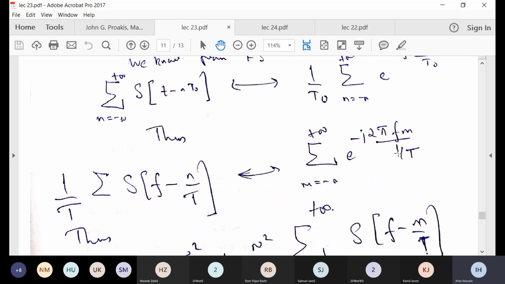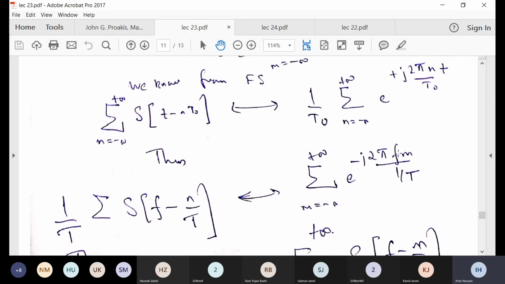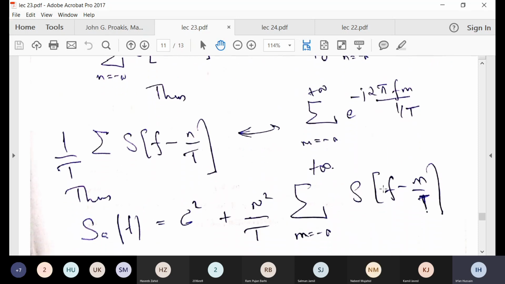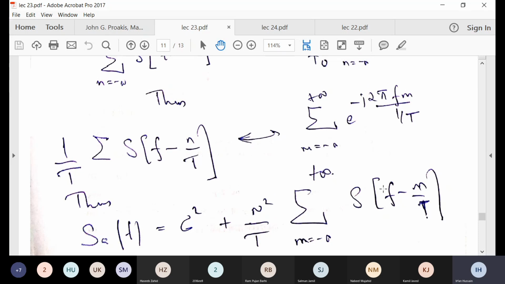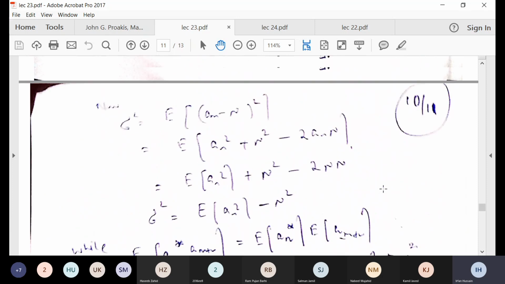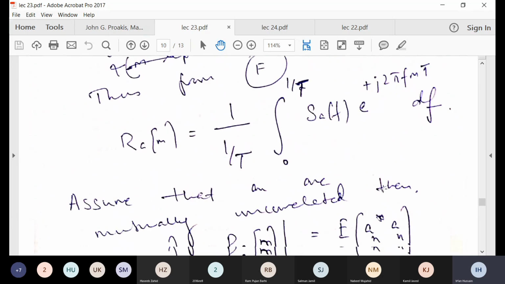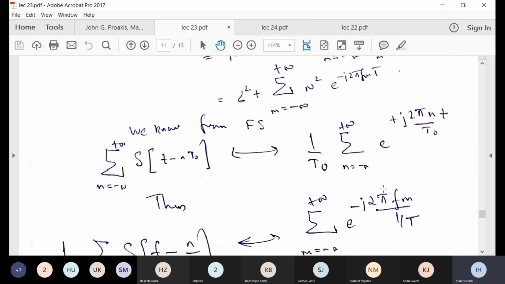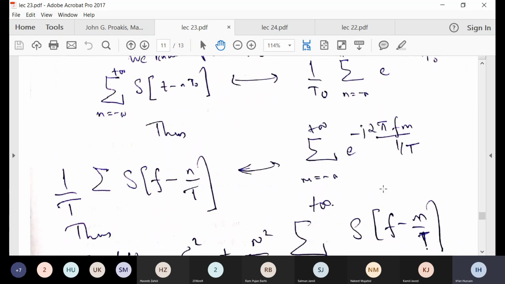And so I can also write this as, if I replace 1 over T naught by T, this becomes T, this T goes there, this becomes 1 over T. So I replace 1 over T naught by T, and T naught becomes 1 over T, and this becomes like this.